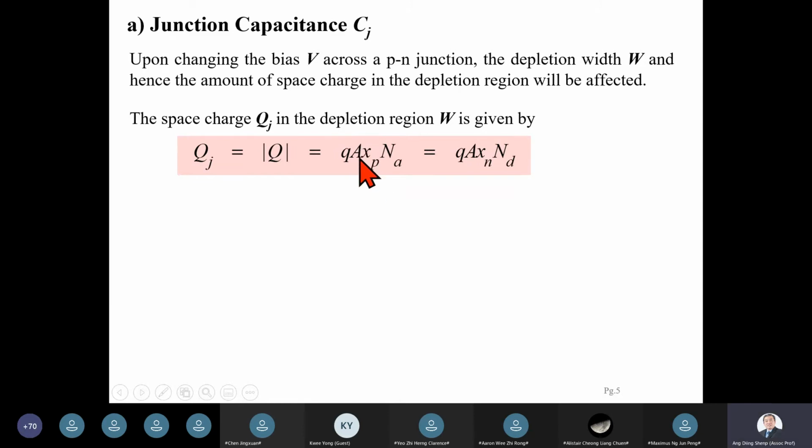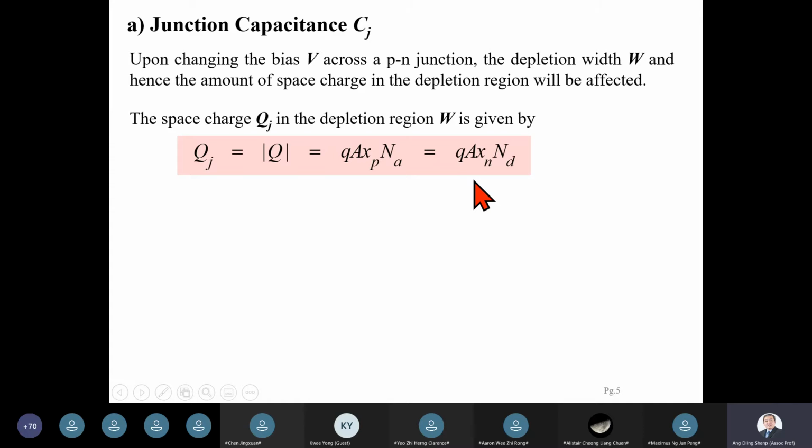A is the cross-sectional area, Xp is the width of the depletion region on the P side. Taking the product of the space charge density and the volume of the depletion region gives me the amount of space charge stored on the P side, which must equal the amount of space charge stored on the N side by neutrality of space charge.